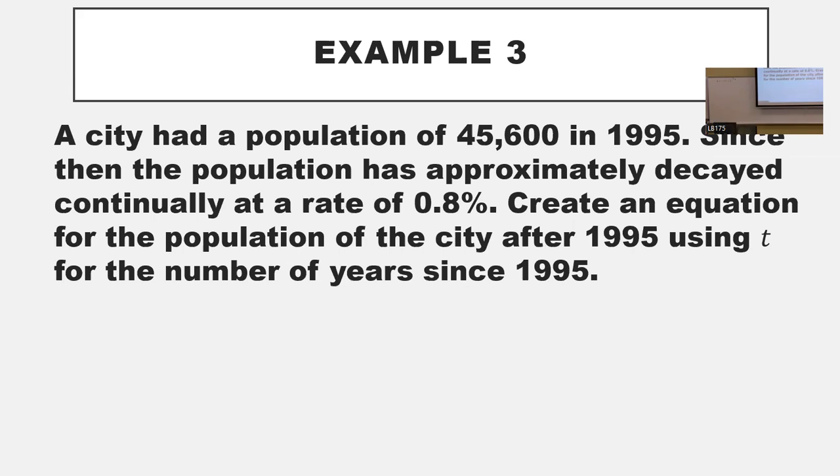So let's do another example of that scenario with a percentage rate, in this case, decay. So it says a city has a population of 45,600 in 1995. Since then, the population has approximately decayed continually at a rate of 0.8%.